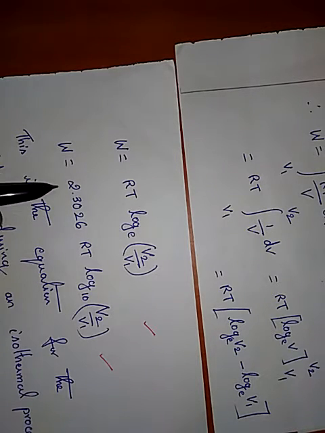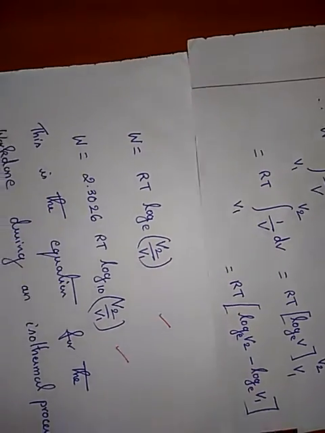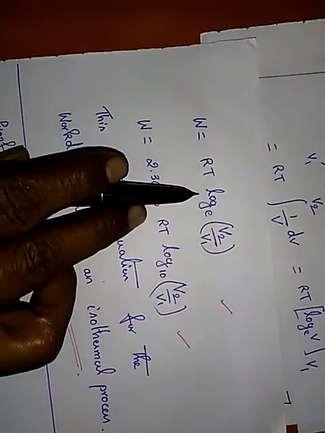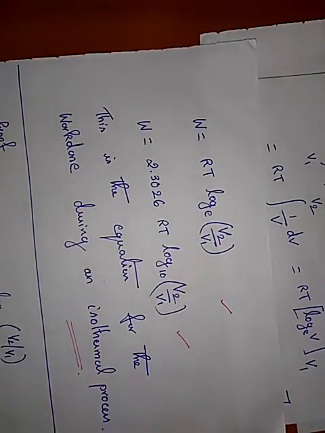So whenever you convert base e to base 10, you have to multiply it by 2.3026. Now, this is the equation for the work done during an isothermal process. So the derivation is over. You have to remember these two formulas. One in log with base e, another one log with base 10.